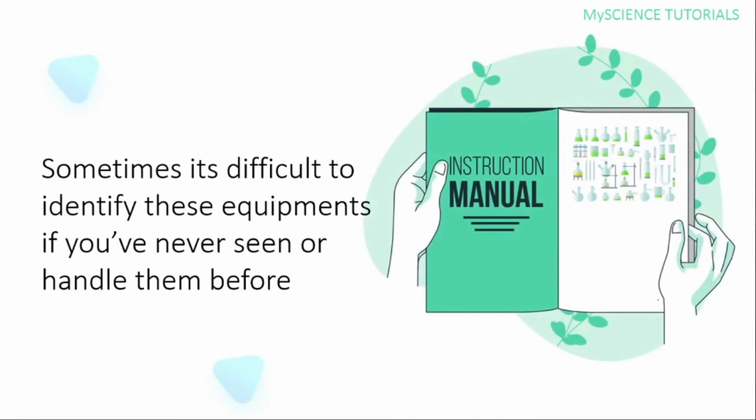Now, mostly when you enter a laboratory, before you carry out an experiment, you are given an instruction manual with laboratory equipment and their uses on the front page or at the back of the manual. Sometimes it is difficult for students to identify this equipment if they've not seen or handled it before.